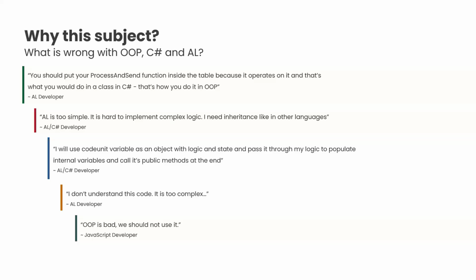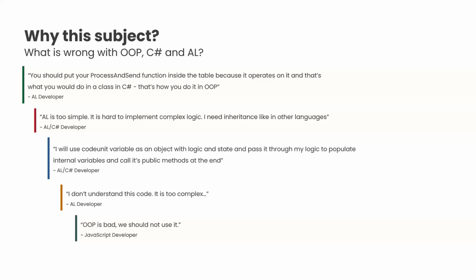In OOP, your classes have methods and properties and some hidden variables inside, and those functions are operating on the internal state of the object. That's why every function should be in the object. So every function should be in a table because it operates on a table. And that's what you're doing in C#. Somebody may have told you that.